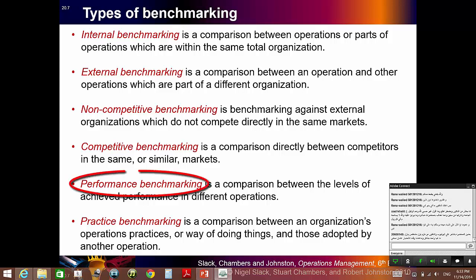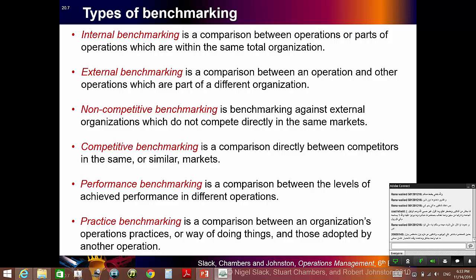Next, the performance benchmarking is a comparison between the levels of achieved performance in different operations. That means here we compare only the operations departments or the operations functions in the two companies or two organizations.